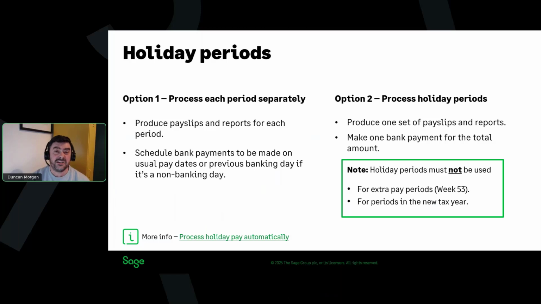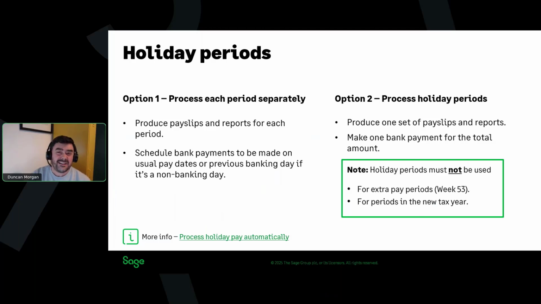That way you end up with multiple sets of reports, and you could simply add together the net pay due for those periods and pay that to your employees as a lump sum on the earlier pay date, or you might simply schedule the payments to be made on the usual pay dates. So send your bank files and get them scheduled for when they would usually be paid.